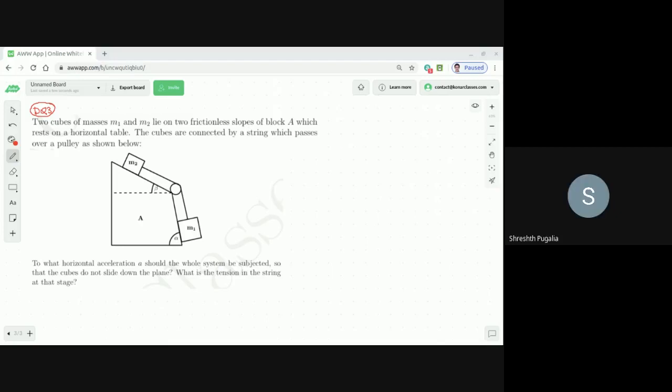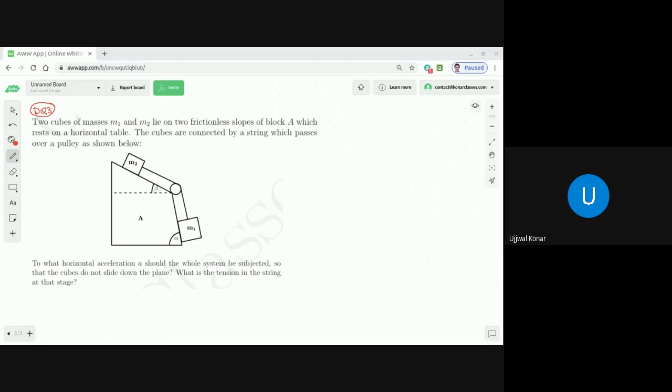Sir, I didn't get it. Okay, we'll look into it. Dear Pratik. Sir, I got M1 M2 sine alpha minus beta times G by M1 cos alpha plus M2 cos beta. That is a perfectly correct answer.